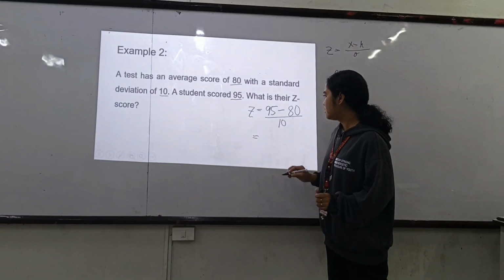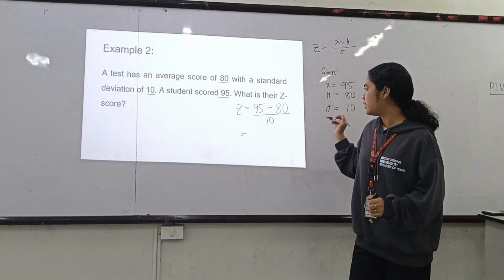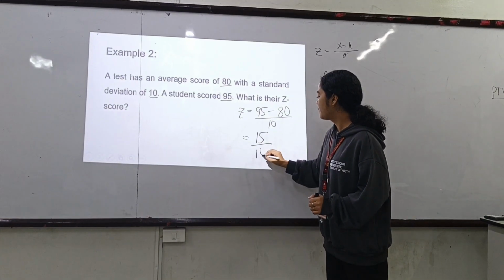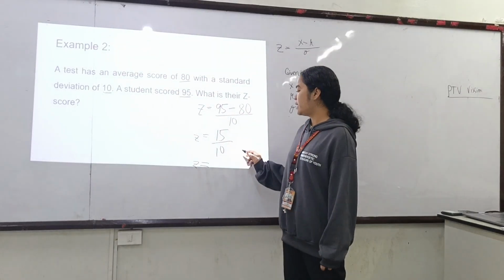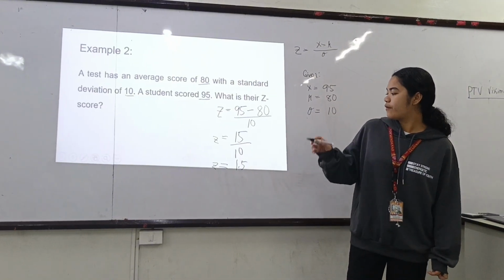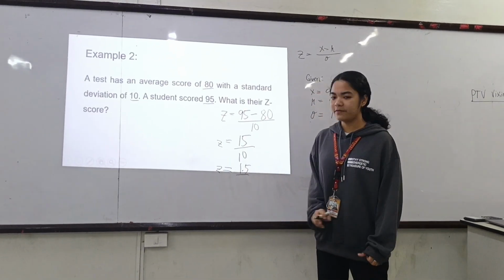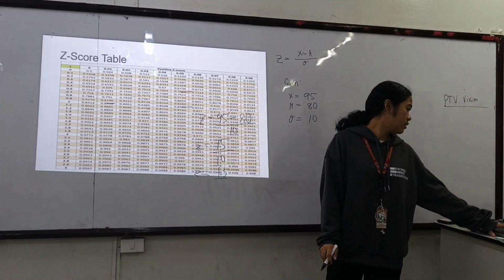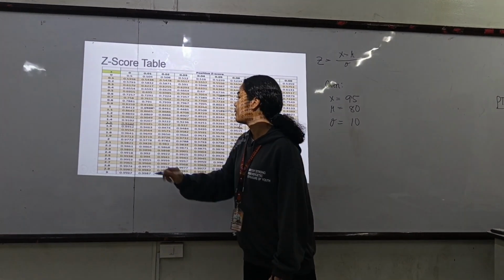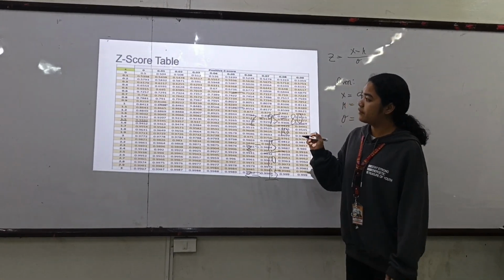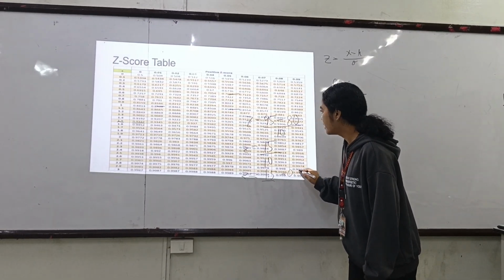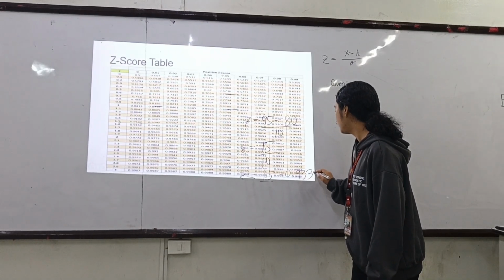Next, we need to subtract 95 and 80. 95 minus 80 is 15, divided by 10. 15 divided by 10 is 1.5. We need to find the value of 1.5 in the z table. The value of 1.5 in the z-score table is 0.9332.